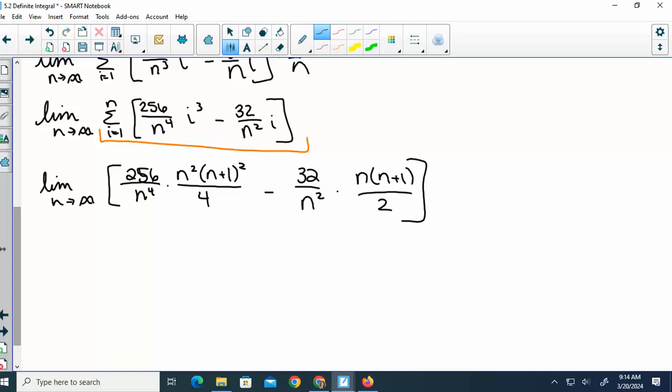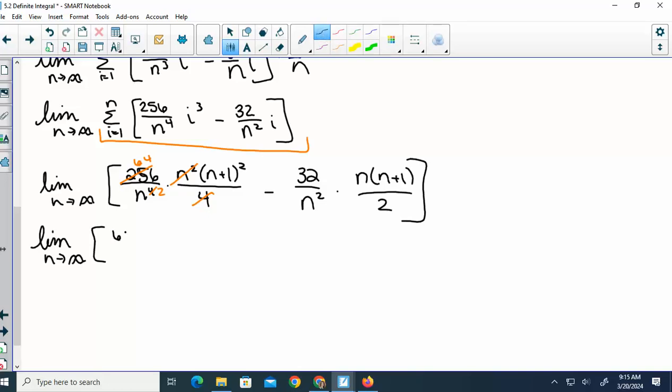Show as much work as you need to for simplifying this. That's really where the mistakes happen on the quiz, just skipping too many steps and making silly mistakes. So I could do some basic, like 256 over 4 would turn into 64. I'm going to cancel 2 of those n's right off the bat.